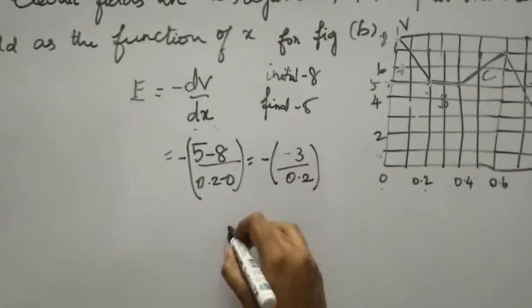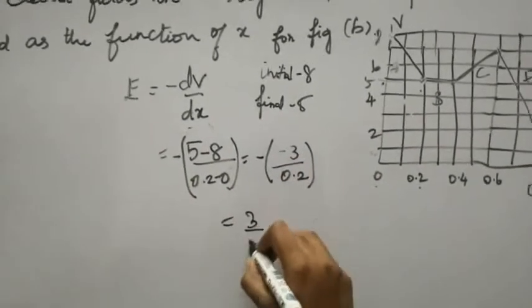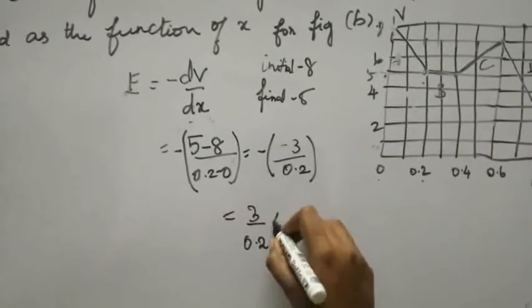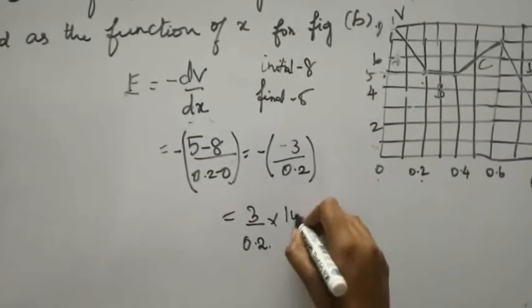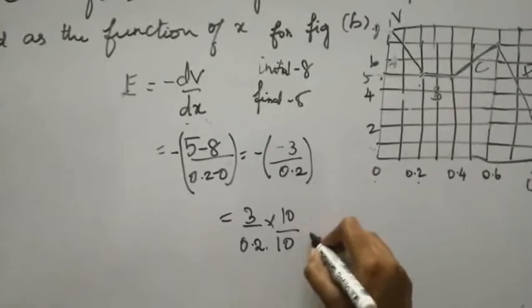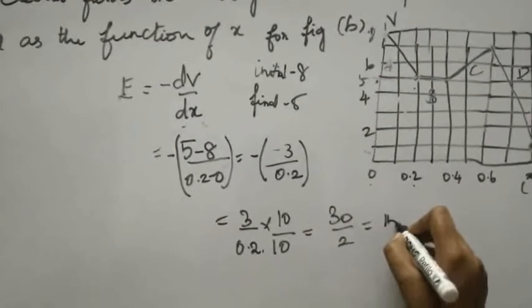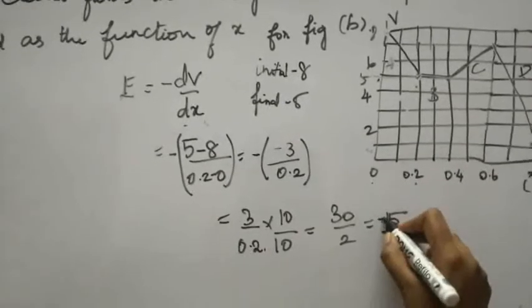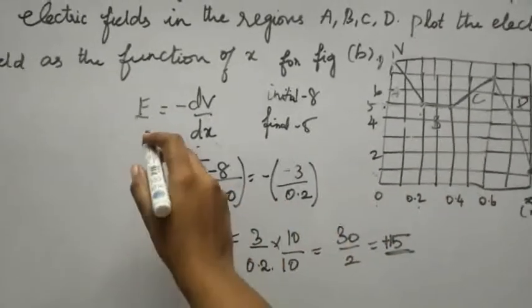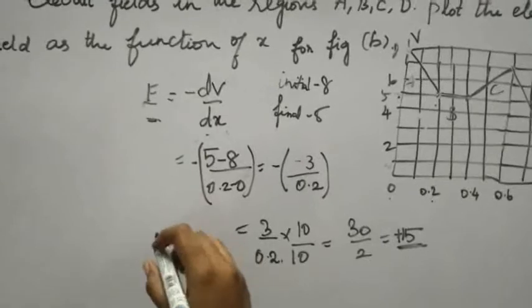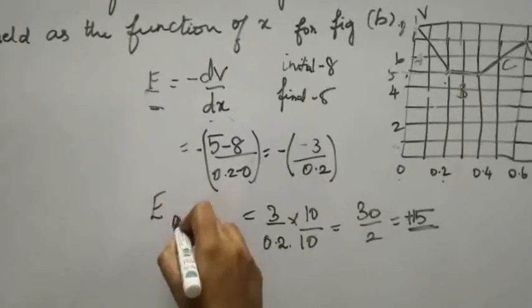Minus into minus becomes plus, so it is plus 3 by 0.2. To remove the decimal, I multiply by 10 and divide by 10. It is 30 by 2, which is simply 15. It is plus 15, which is the electric field value E for the region A.